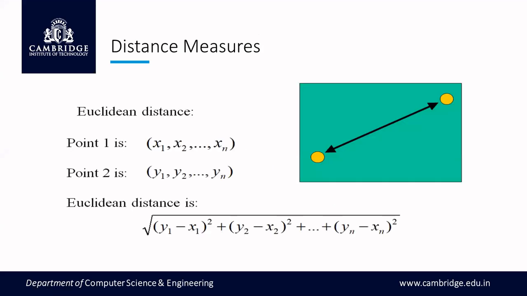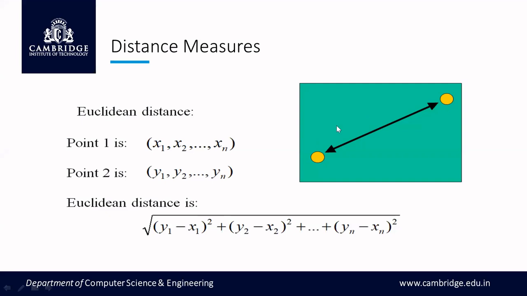As I said, usually we will be using distance measures. The first distance measure is Euclidean distance. I hope you are clear with the Euclidean distance and remember the formula. Given two points with x and y coordinates, a point is represented by a coordinate, right?